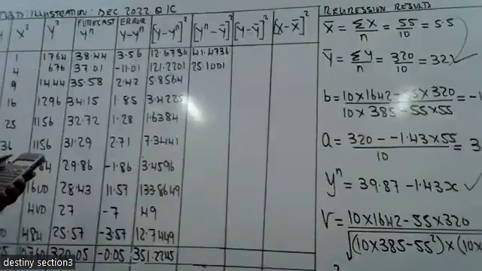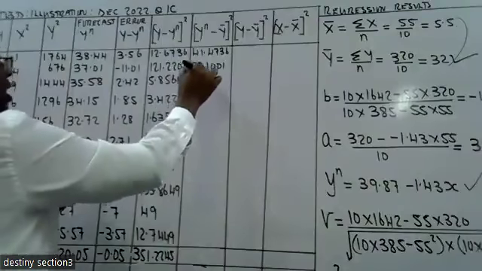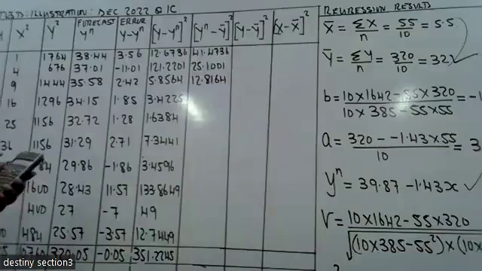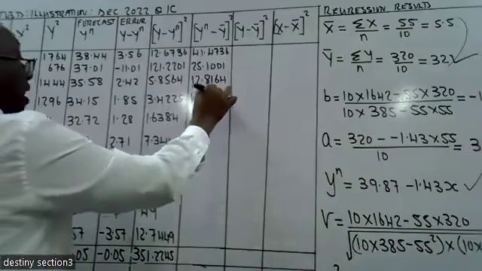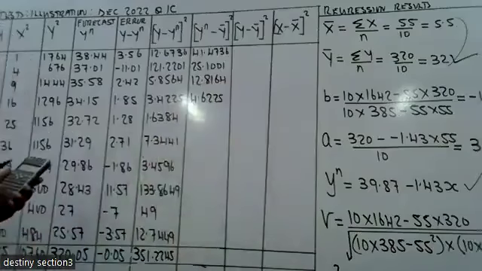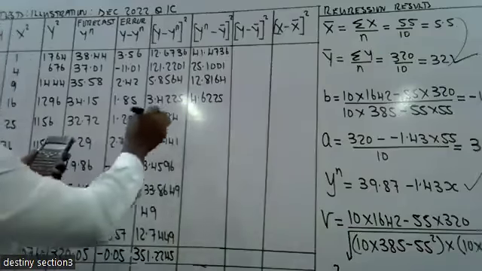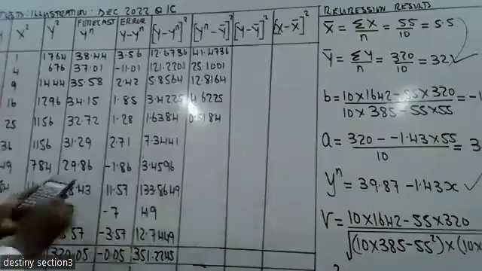35.58 minus that 2, you square. You get 12.8164. 34.15 minus that 2, you square. You get 4.6225. That's 2.72 minus that 2. You square that value, you get 0.5184.